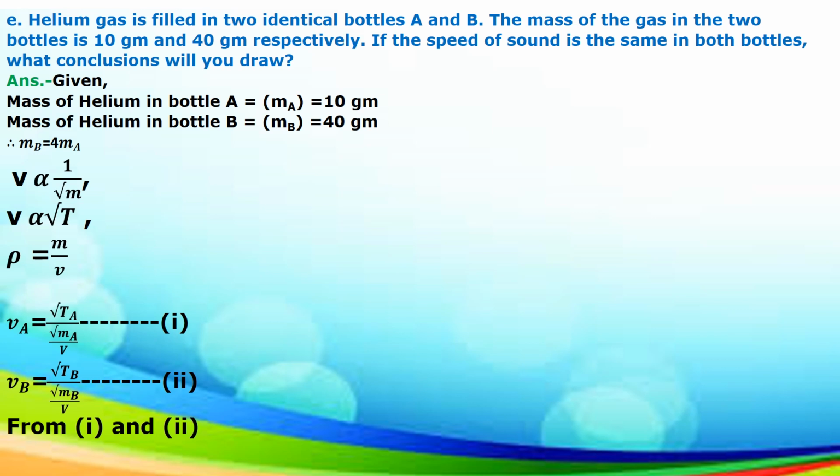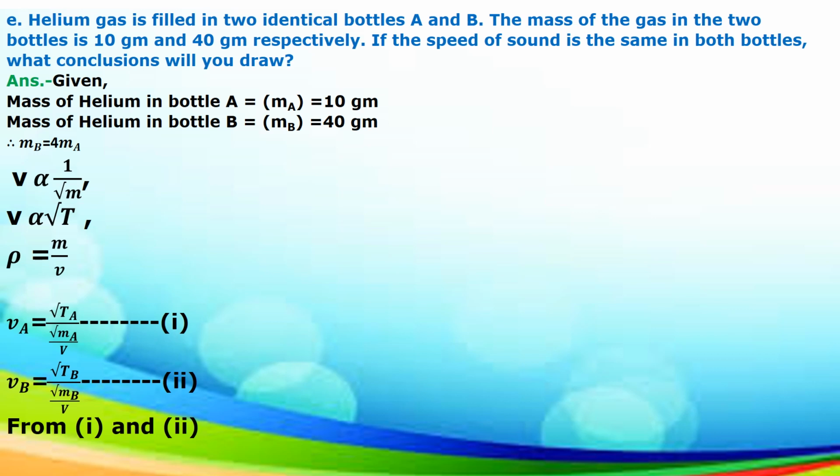Now this velocity is inversely proportional to square root of mass. So V is proportional to 1 upon square root of m. Then this velocity is directly proportional to square root of its temperature. And rho, that is density, is equal to mass upon volume. So in terms of bottle A and bottle B, we will write like this.